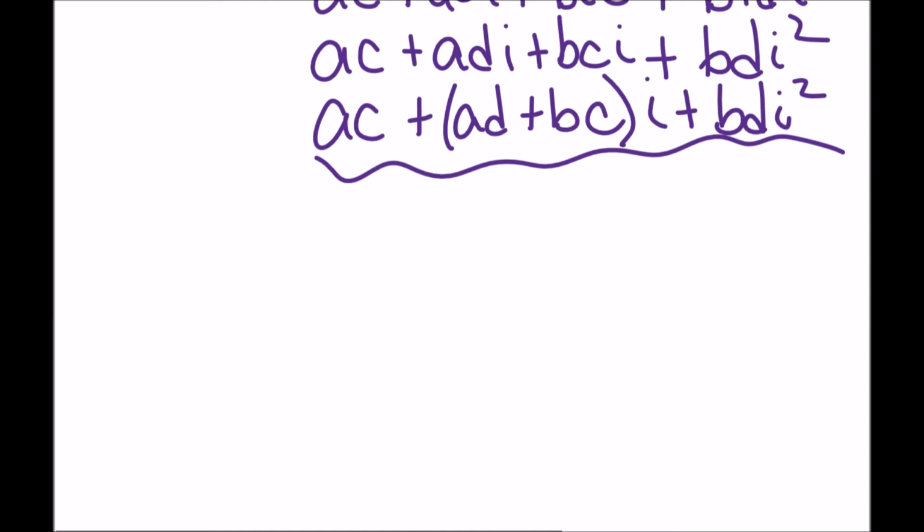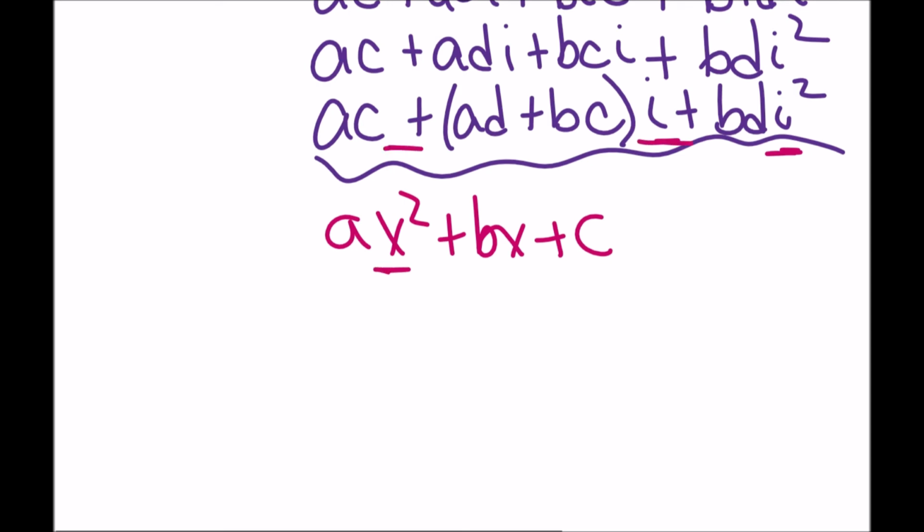And maybe this will make it easier. This is kind of like when you were originally learning the quadratic formula, and I think you had, say, ax squared plus bx plus c. Well, you can notice that your i's are actually in the same spots that the x's are. So, food for thought.